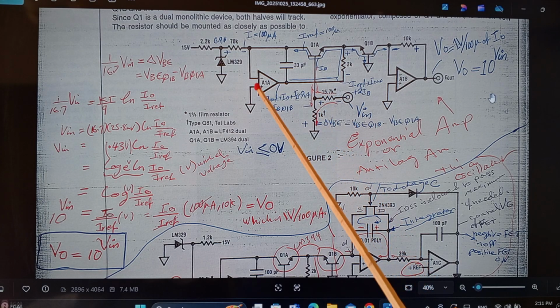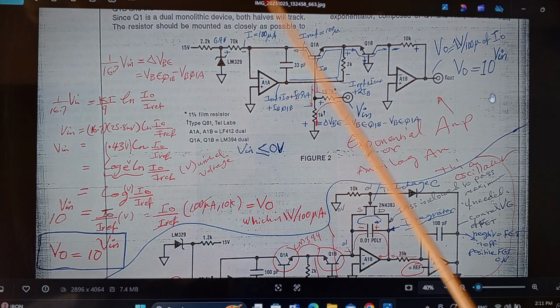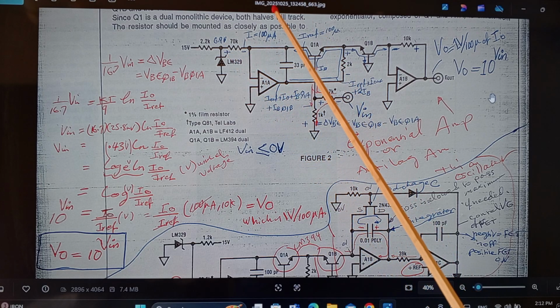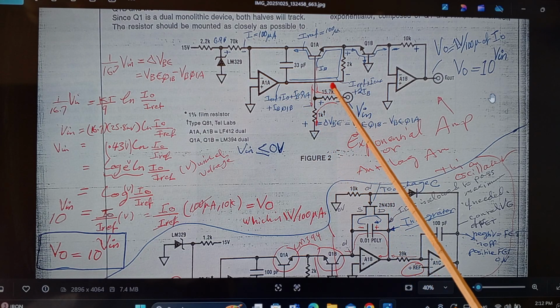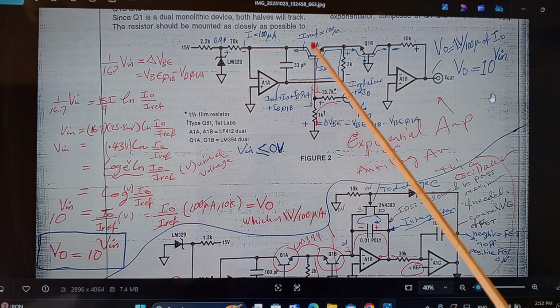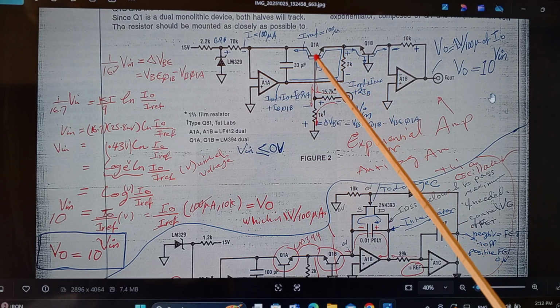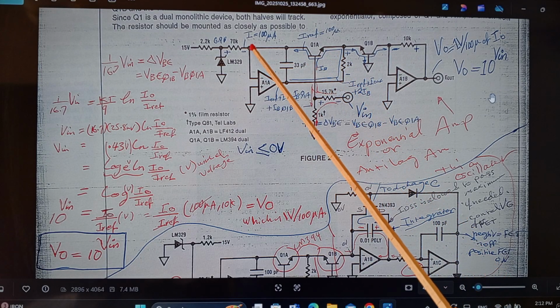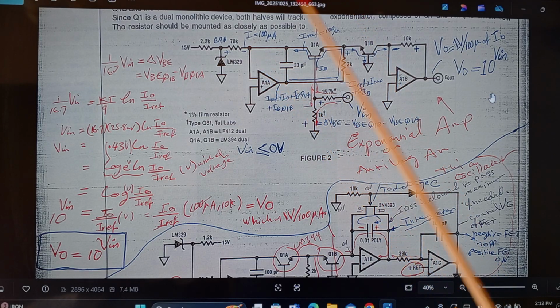And the duty of this op amp is to make sure that you get your virtual ground in there. So applying a positive voltage in there would imply that you have a very negative voltage in here. And that negative voltage will force the VBE in here, or Q1A, to start conducting, and it will conduct exactly that current, equal to the 100 microamps, and therefore you get your virtual ground there.